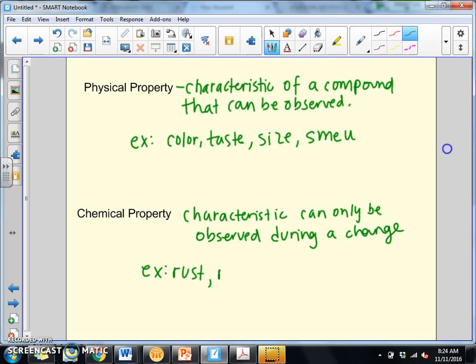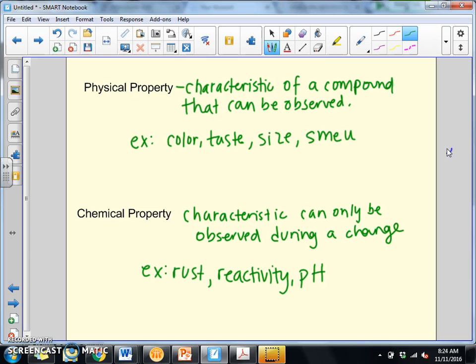Another one would be reactivity. I don't know that something is going to react together and blow up until it happens, right? That's a chemical property. Another one could be pH, whether or not it's an acid or a base.